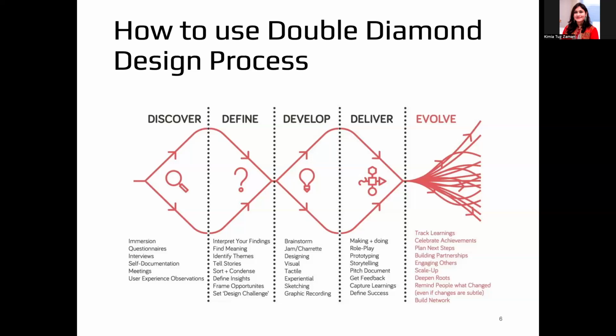And finally, to deliver, we deliver high fidelity mockups or prototypes to the users to assess their thoughts on the system. And also quality assurance is an important part of this phase.